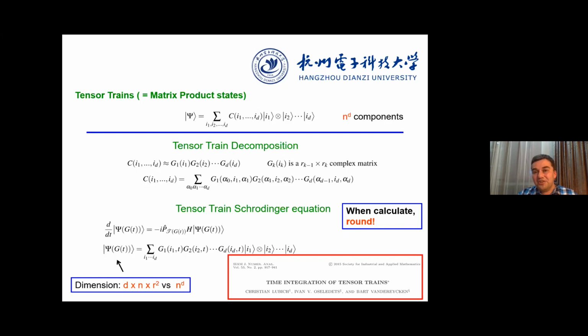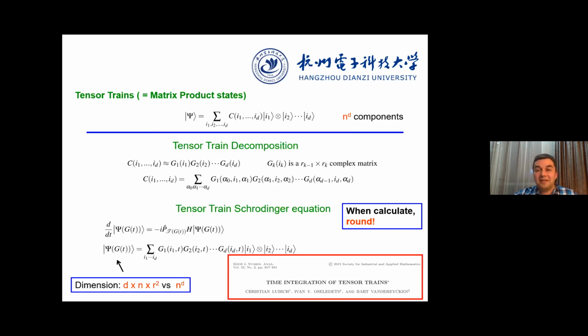But in the general case, if you have this n to the power d object, a d-dimensional tensor, you can try to represent it not as a direct product state, but as a matrix product state. You can start from purely diagonal matrices, which corresponds to the direct product, and then gradually increase the dimension of the matrix.